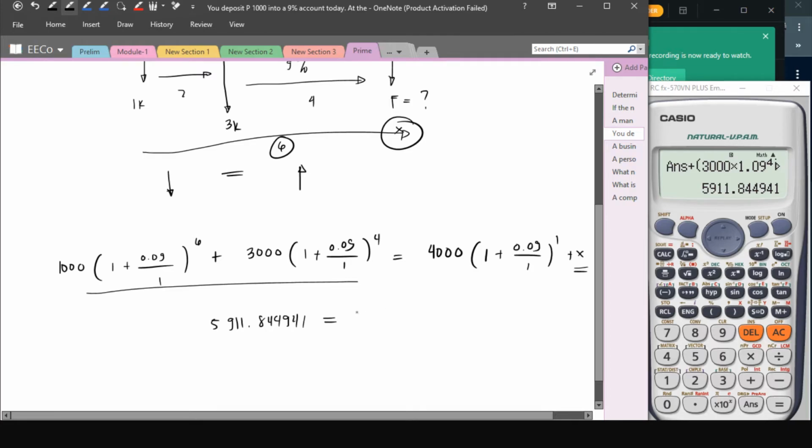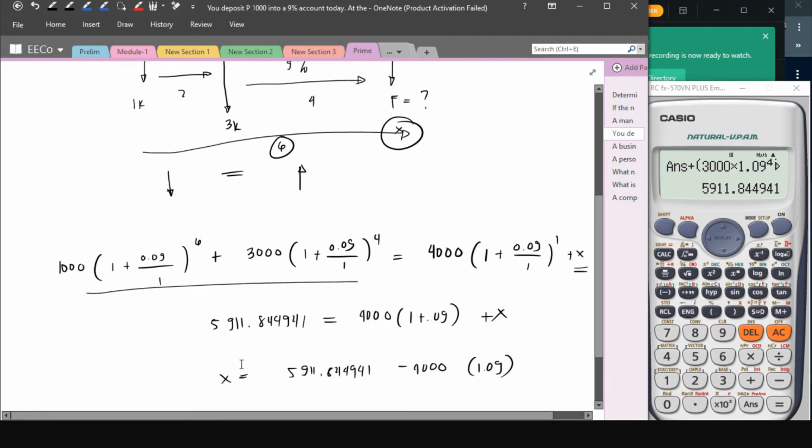And then, yung 4,000 nyo, 1 plus 0.09 plus X. So, X will be equal to 5,911.844941 minus 4,000 times 1.09.